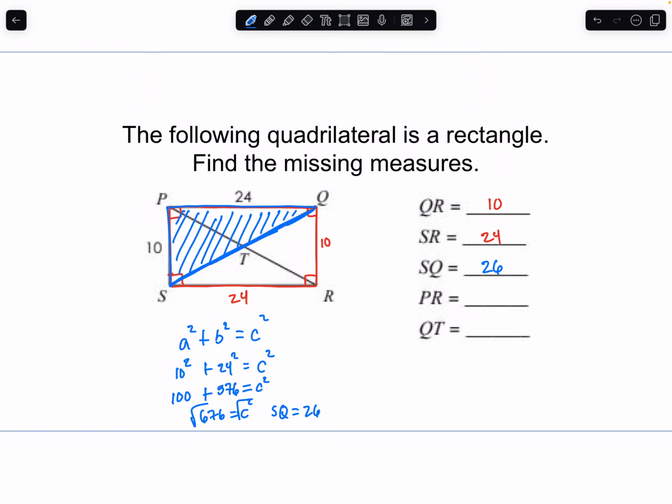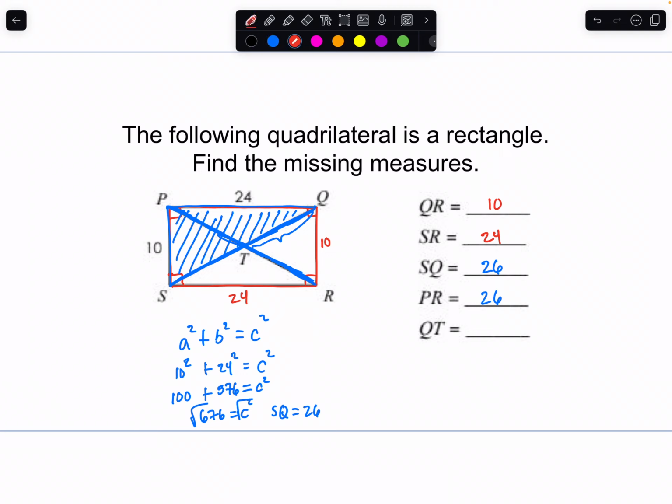Now, because the rectangle has a particular property where the diagonals are the same, I can say that PQ will be congruent to PR. So PR should also be 26. And then QT, if I find this distance, from our previous rules of parallelograms, this is still true.